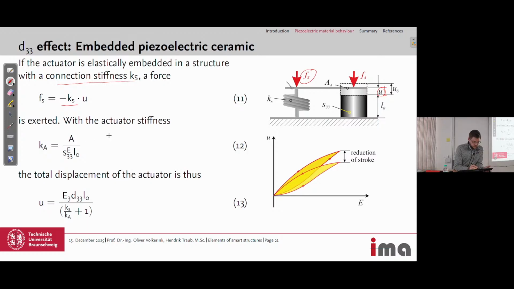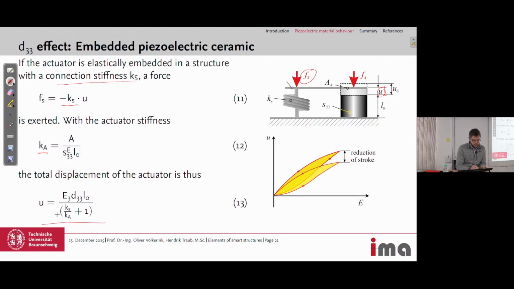We can also come again up with our actuator stiffness Ka we already have defined, which is the cross-section of the actuator divided by the compliance times the initial length, L0.